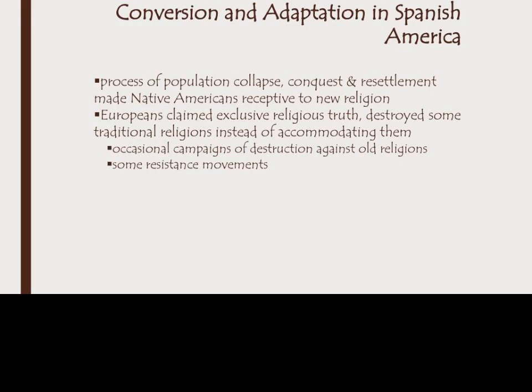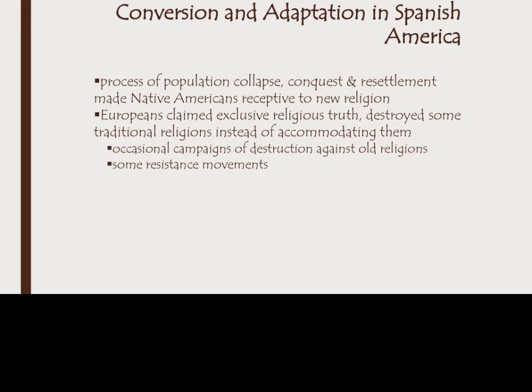Okay, conversion and adaptation in Spanish America. The process of population collapse, conquest, and resettlement made Native Americans receptive to the conquering religion. Europeans claimed exclusive religious truth, tried to destroy those traditional religious practices instead of accommodating to them.